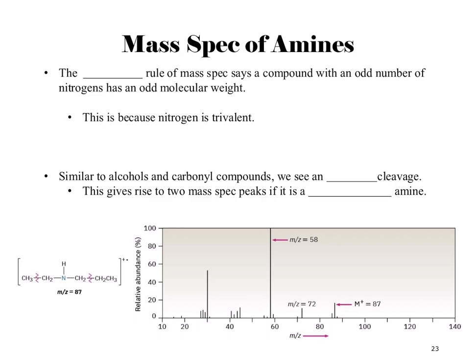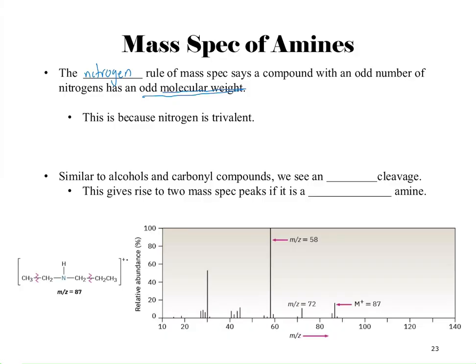Or actually, before we go into an example, let's talk about mass spec. The nitrogen rule of mass spec says that a compound with an odd number of nitrogens has an odd molecular weight. This is because nitrogen is trivalent, meaning we have 3 bonds coming out from this nitrogen.